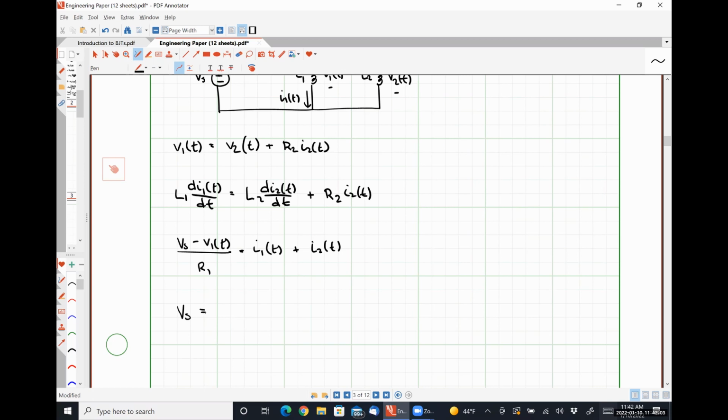Does that make sense? So that is 1 over R1 times L1 dI1/dt plus I1 plus I2. Okay. So we now have, let's call this equation 1.